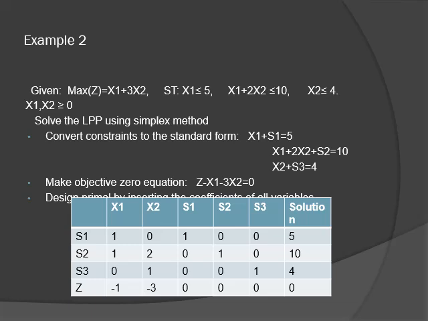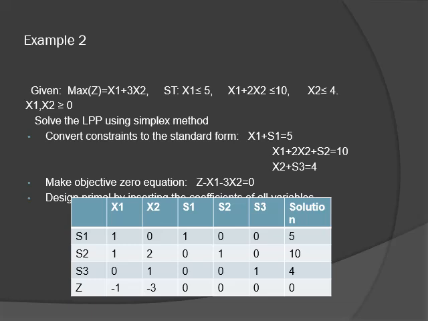Max Z objective function equals x1 plus 3x2, subject to x1 less than or equal to 5, x1 plus 2x2 less than or equal to 10, x2 less than or equal to 4. The non-negativity condition, of course, x1, x2 more than or equal to 0.